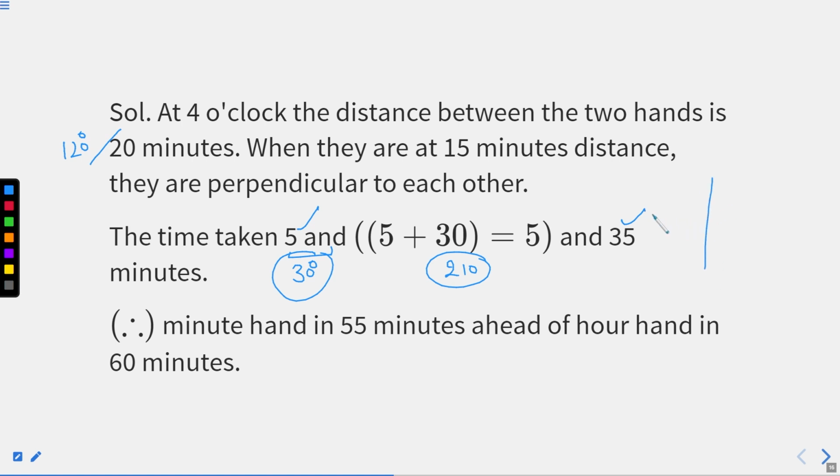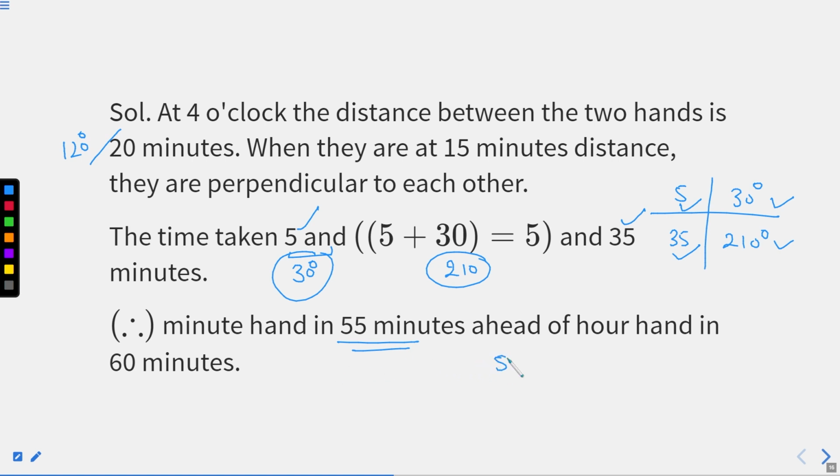I'll make a table here for you. If 5 minutes is there, it means 30 degrees. If 35 minutes is there, it means 210 degrees. So we have already solved this question with the help of degrees. Now we need to solve it with the help of minutes as well, so that you have two approaches for this question. We know this 55 minute distance is covered in 60 minutes.